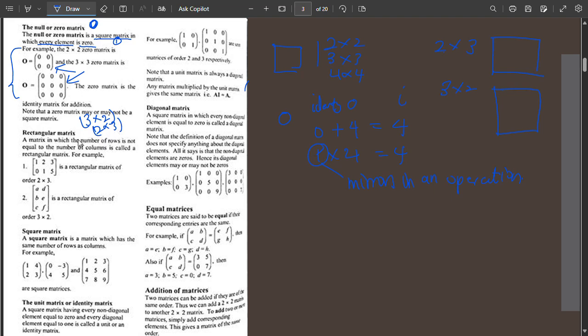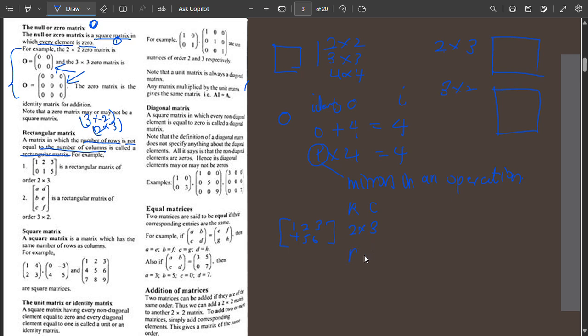A matrix in which the number of rows is not equal to the number of columns is called a rectangular matrix. We've seen this already. This one is a 2 by 3 matrix. This is the number of rows, this is the number of columns.